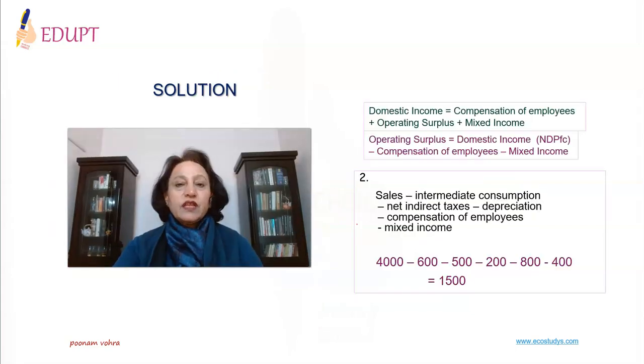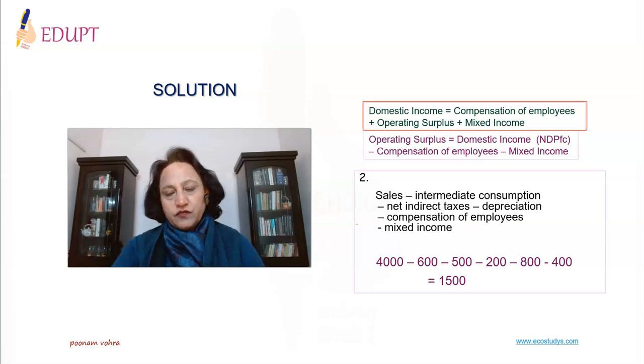Now let's have a look at the formula. Formula is domestic income is equal to compensation of employees plus operating surplus plus mixed income. We need to find operating surplus.